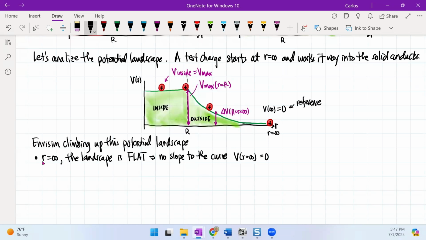There's no slope. So now the next thing you're going to do here is that as you climb up, there is a gradual increase in slope. So what does that mean?